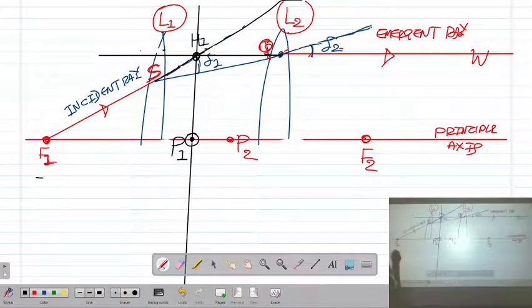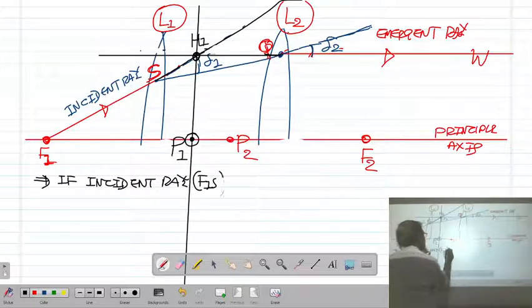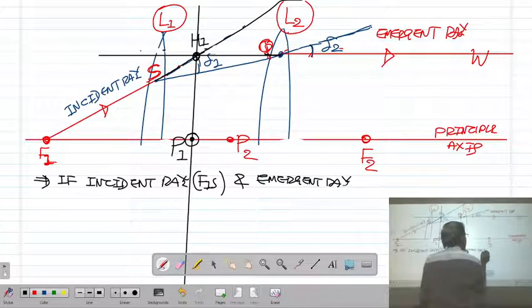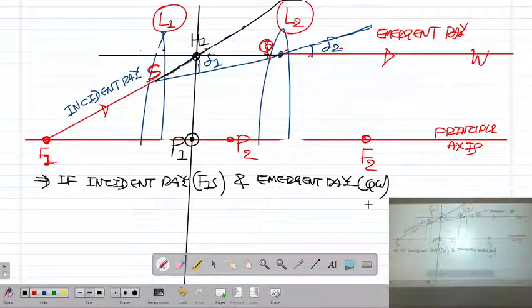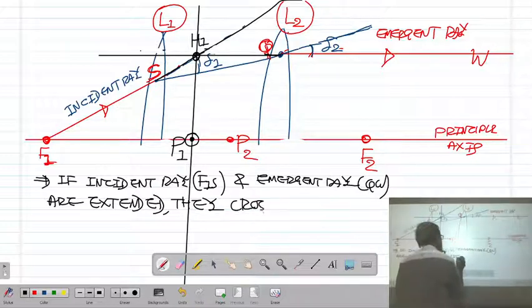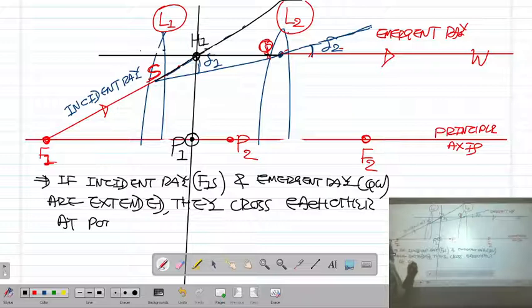So I define it. If the incident ray, which I name F1S, and the emergent ray QW are extended in the forward and backward directions, they cross each other at point H1.